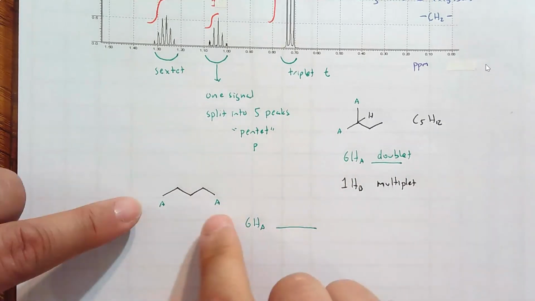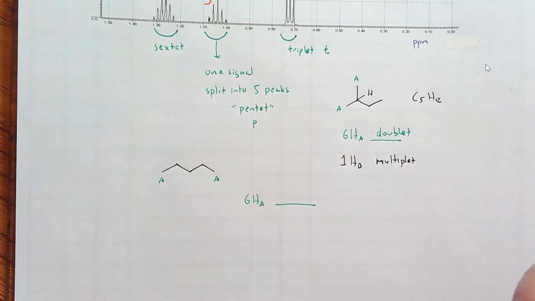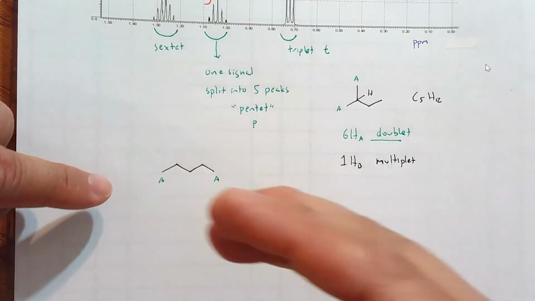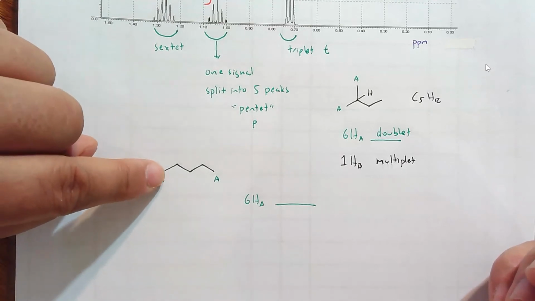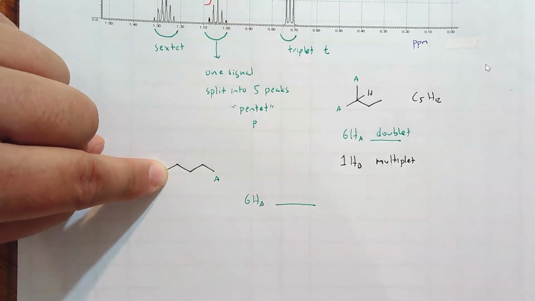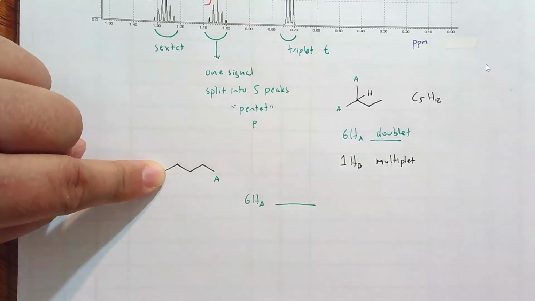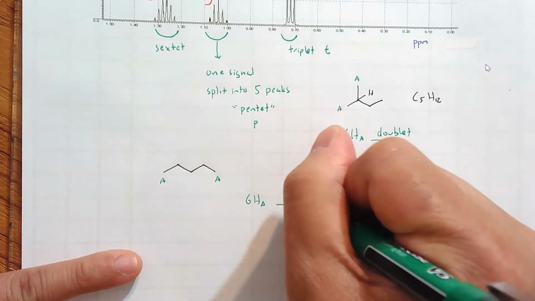Again, don't try to analyze both at the same time, and actually only analyze one of them, because it's happening to the other one exactly the same way. So I'm going to point to the A protons and ask myself, how many people live in the house next to my finger? 2. 2 plus 1, there's my triplet.